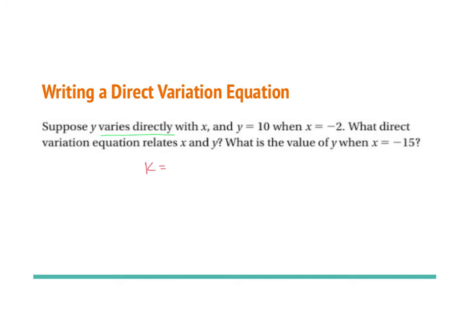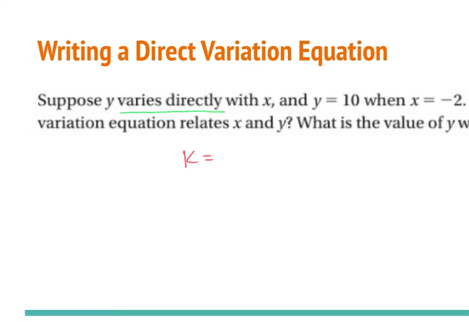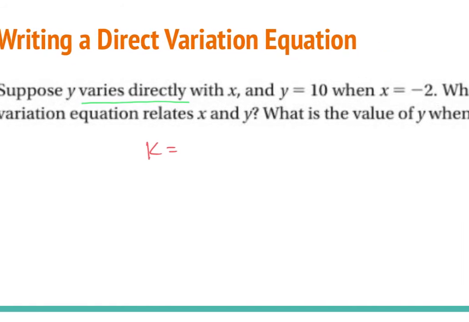If we know that they vary directly, k is going to be equal to? Tessa? Y over x. We're going to plug in what it gave us. So it says when y equals 10, x equals negative 2. So let's plug in 10 for y. So we're going to get 10 over x is negative 2, 10 over negative 2.